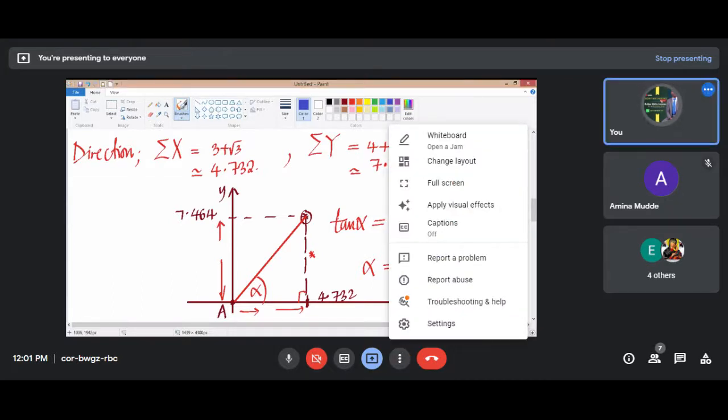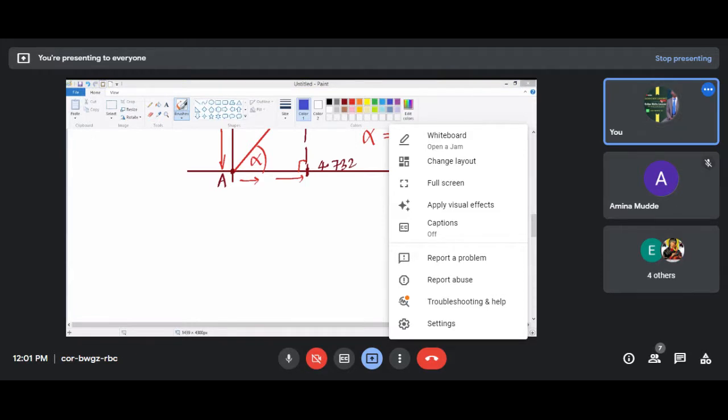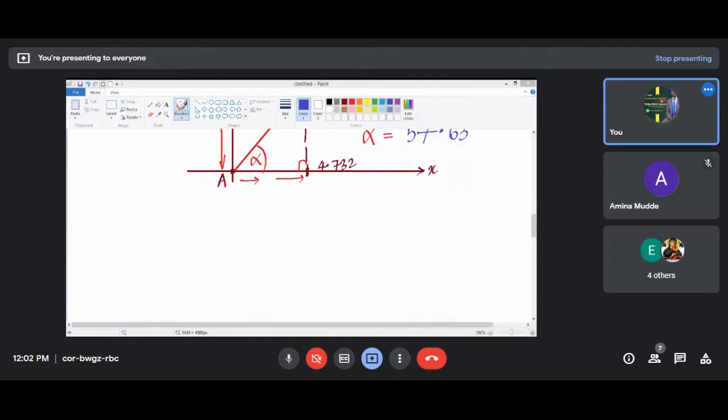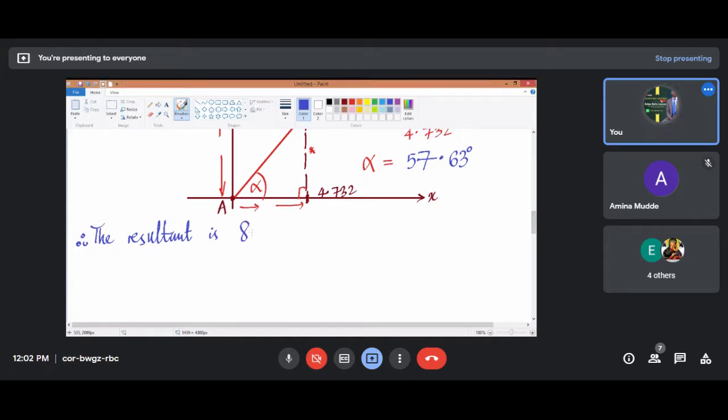So our solution, our conclusion, is that the resultant is 8.837 newtons, acting at an angle of 57.63 degrees.